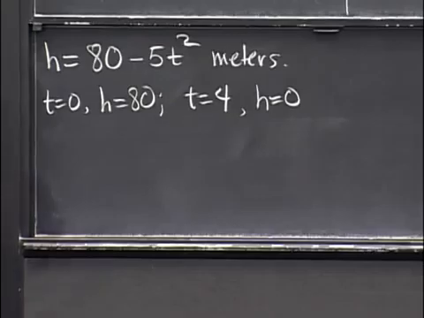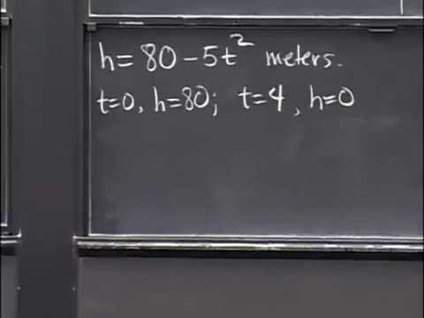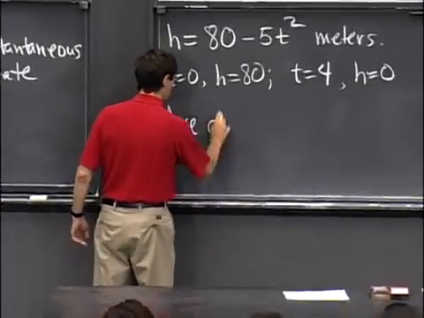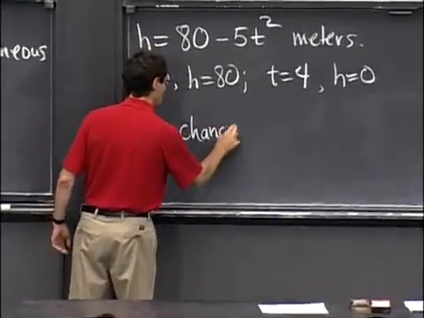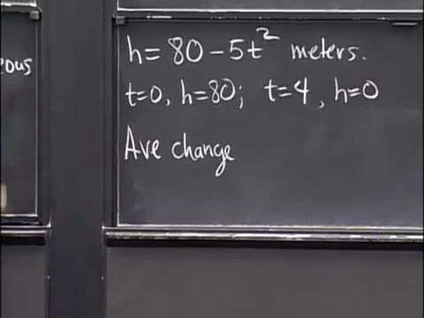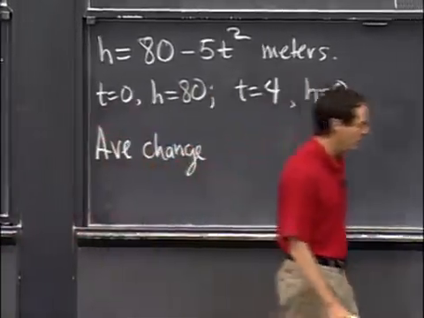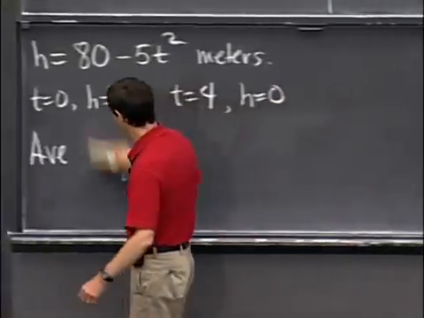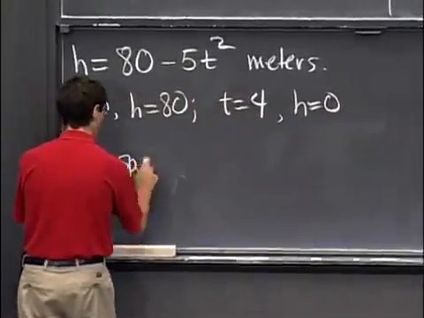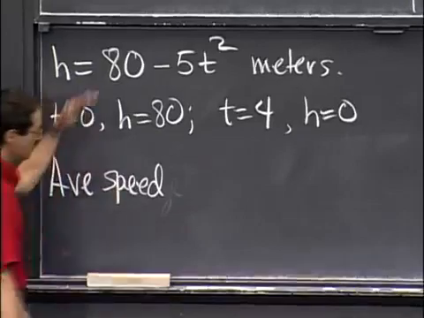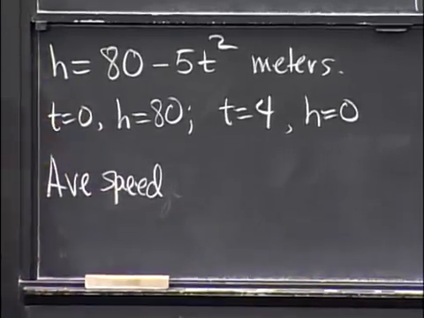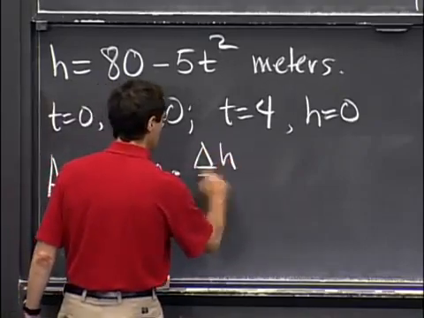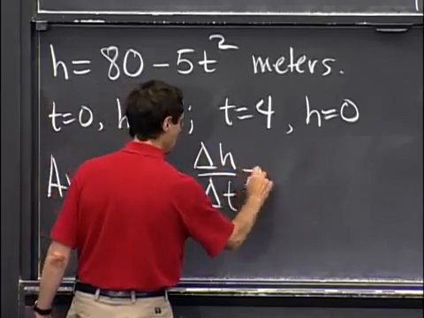Okay, so this notion of average change here, or the average speed, since that's over the time that it takes for the pumpkin to drop, is going to be the change in h divided by the change in t.